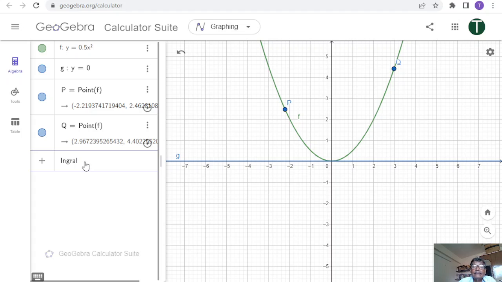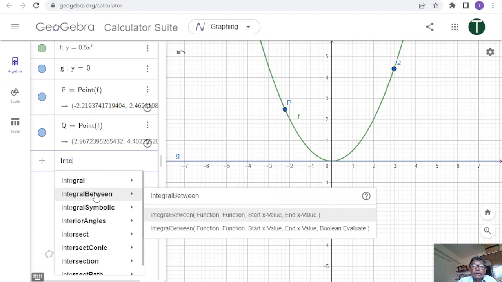Integral between, it is not helping me, integral between, yes, it has come. So you just type this, then you select this option, integral between two functions, and you have to provide the start x value and end x value.